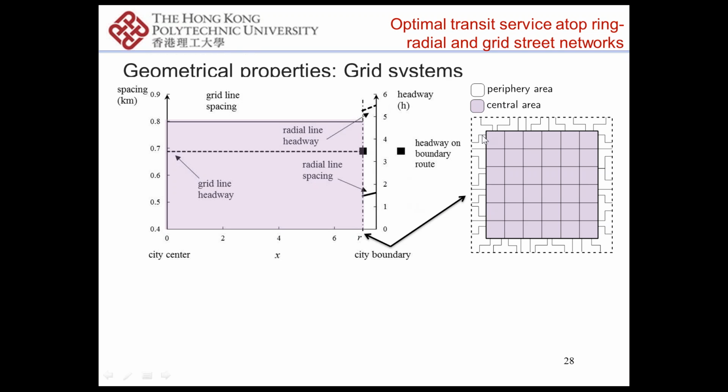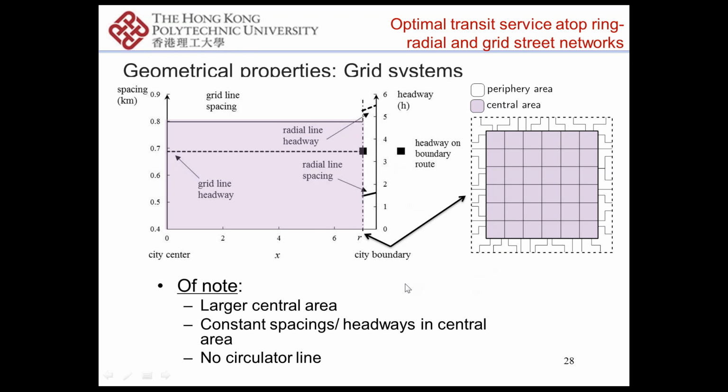But there is no need for a circulator line, so that's why we do not design a circulator line for the grid network, because the periphery area is relatively small, actually much smaller. So there will not be much demand to use a circulator. So: larger central area, constant spacing and headways in the central area, no circulator line.